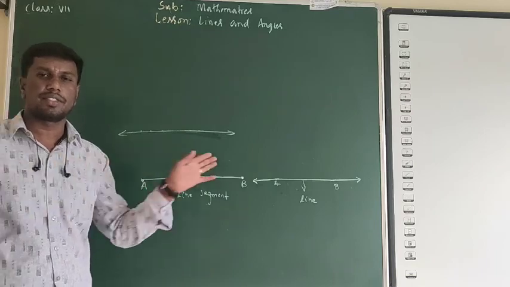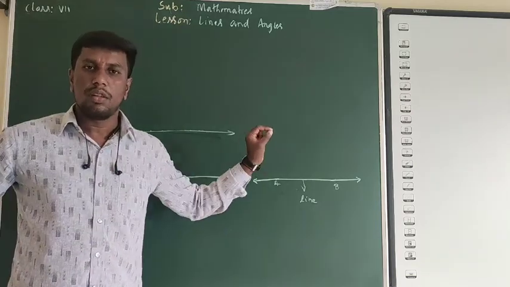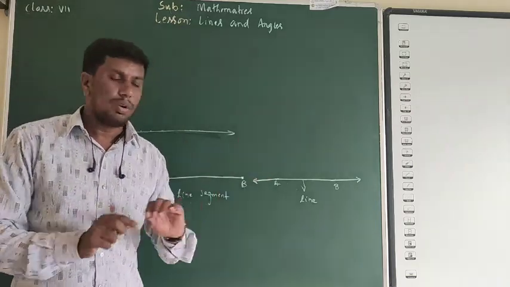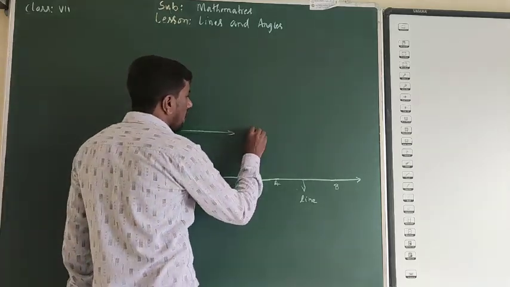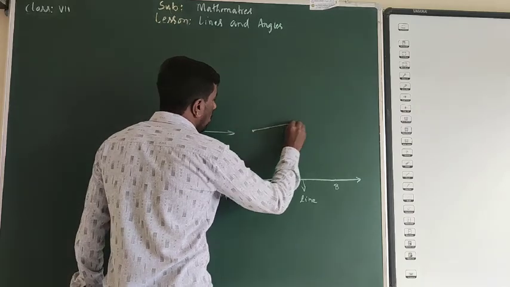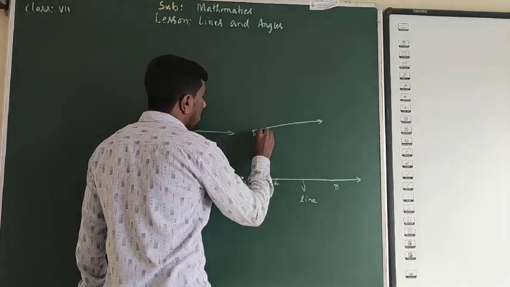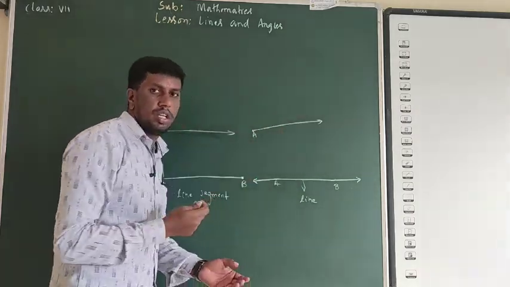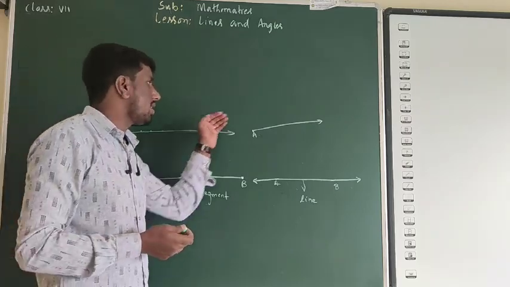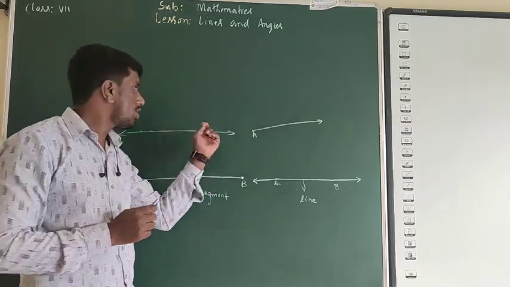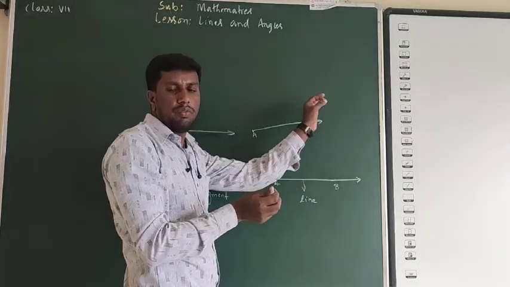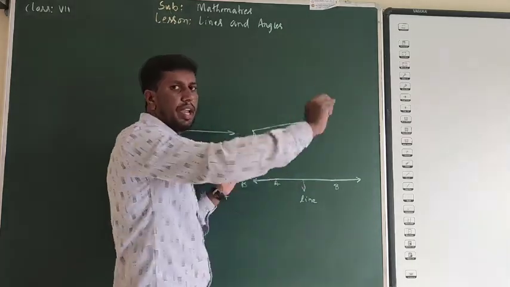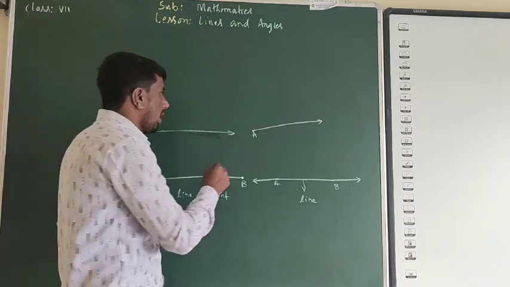Both sides are extended endlessly. Then one more thing is a ray. A ray has one endpoint. The other end is not mentioned; it is endless. The starting point is defined, but the ending point is not defined. We don't know where it is going to end. So that is a ray.